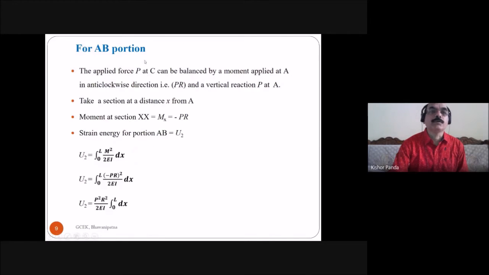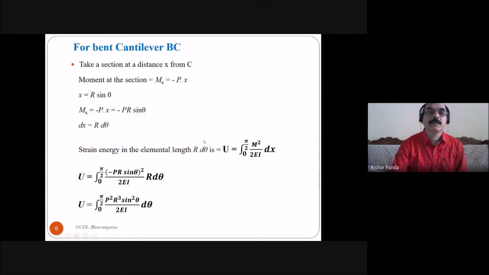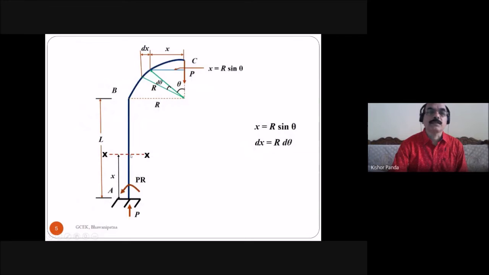So for portion AB, the applied force P at C can be balanced by a moment applied at A in the anti-clockwise direction, PR, and a vertical reaction P at A. Then take a section at a distance x from A. Moment at section XX is Mx equal to minus P into R. What is the moment at the section XX?